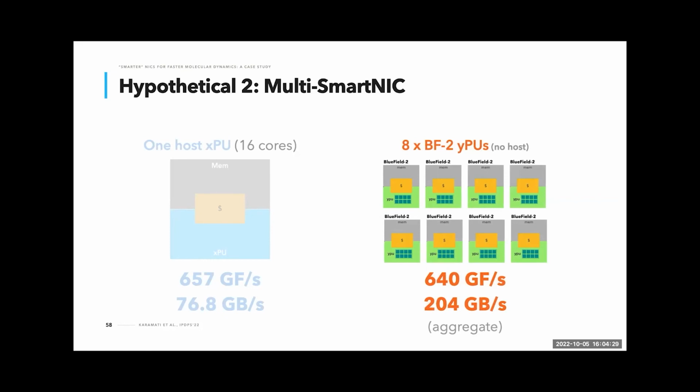But if we put 8 BlueFields together, we can approximately match the host on aggregate peak, as you can see in this figure. Moreover, the aggregate bandwidth is much larger: 204 gigabytes per second versus 76.8 gigabytes per second.